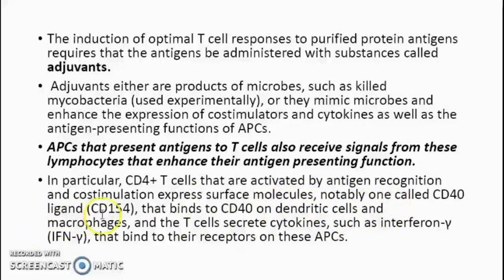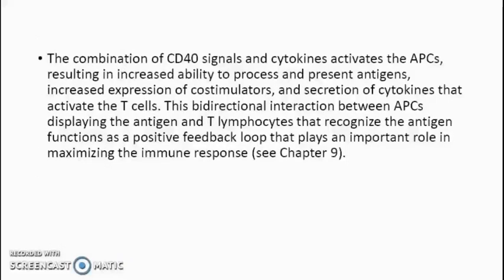Its exact name is CD154. It binds to CD40 on dendritic cells and macrophages. And the T cells secrete cytokines such as interferon gamma that bind to receptors on these antigen-presenting cells.